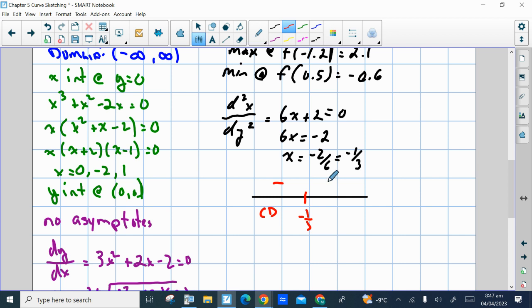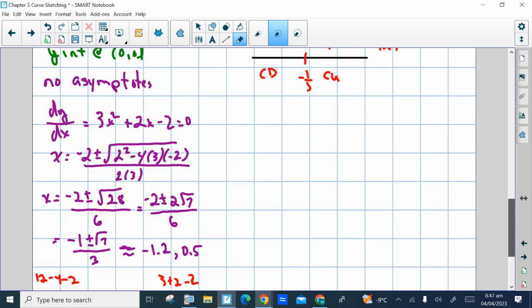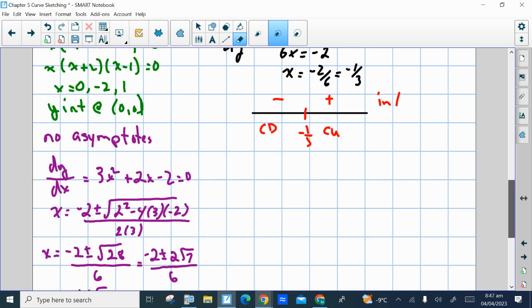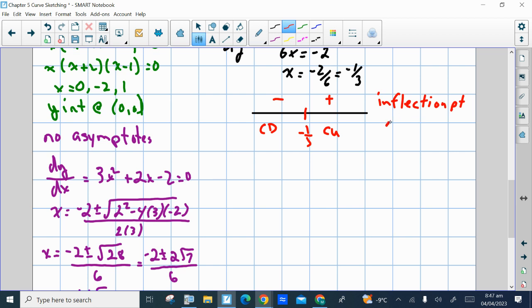To the right of negative 1/3, like 0, second derivative is positive, so it's concave up, which also tells us that we have an inflection point at f at negative 1/3, which is approximately 0.7. So that's all we need to sketch our graph.